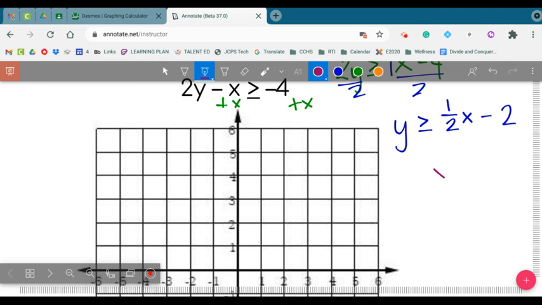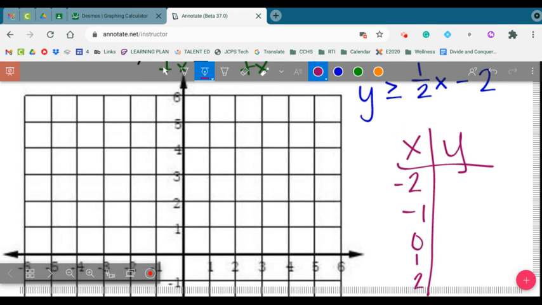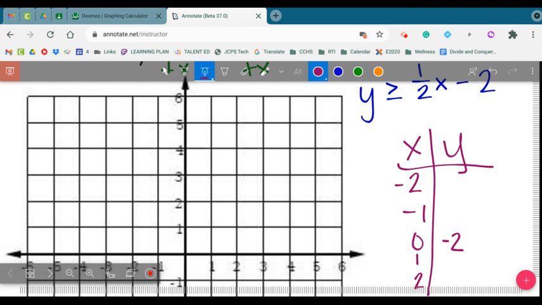Okay, and then if you put this in your calculator, you get your table: -2, -1, 0, 1, 2. So we're going to have (0, -2).